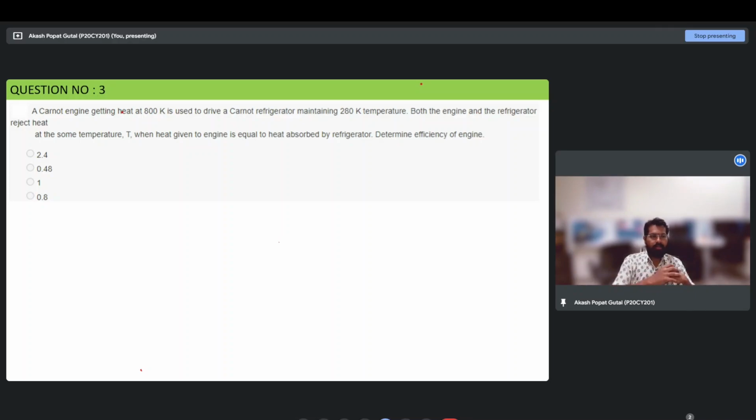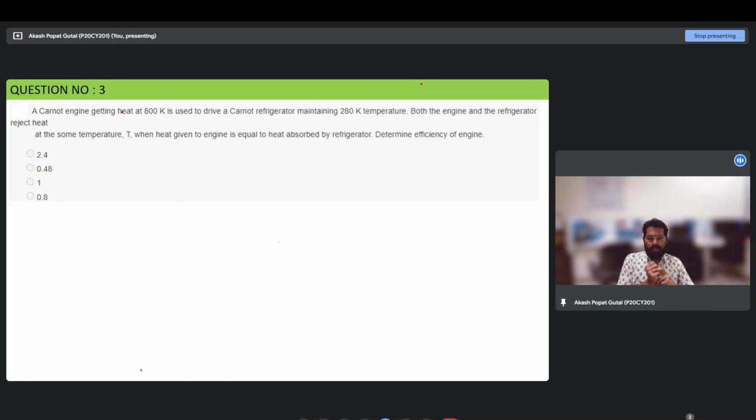There is a common bath where these two, refrigerator and heat engine, are rejecting the heat. And one statement is given: the heat given to the engine is equal to the heat absorbed by the refrigerant.